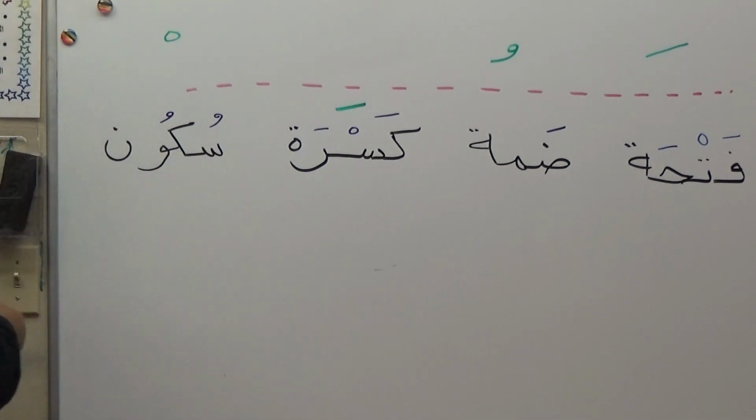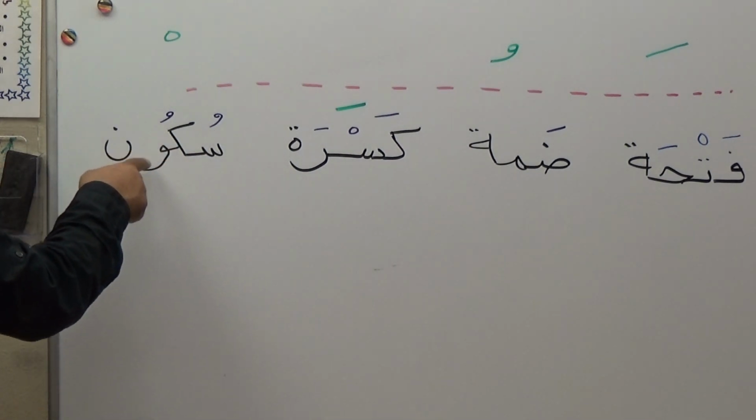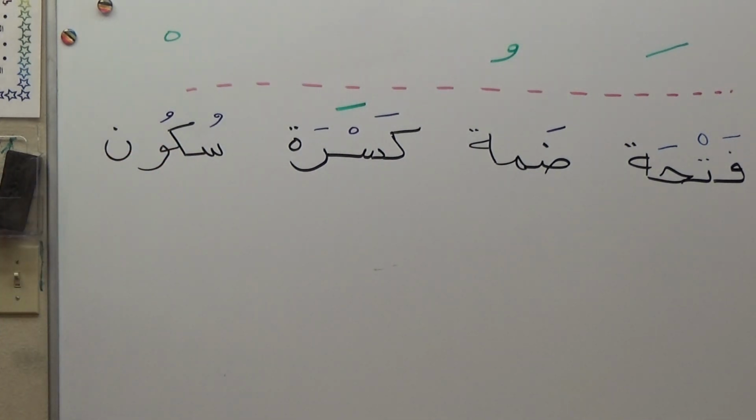So this is Kasra. And the last one, when we just stop or we don't move the letter anywhere, it is what? Sukoon. Okay, which is a little circle on top of the letter. And this is Sin, remember the three, and then Kaf, then Waw, then Noon.